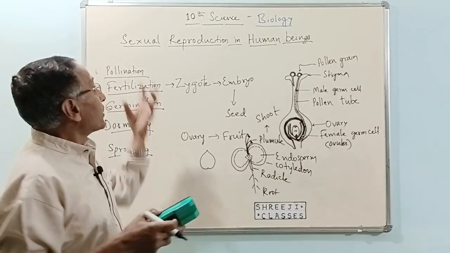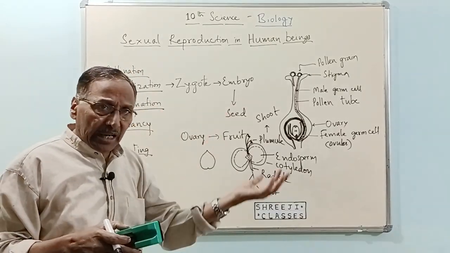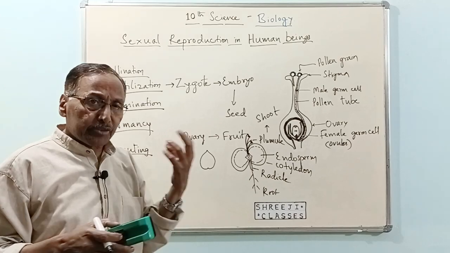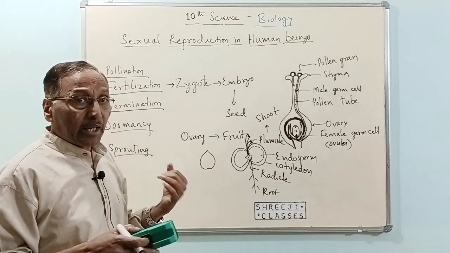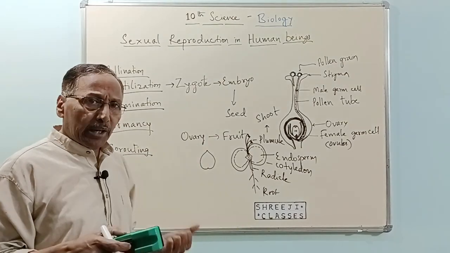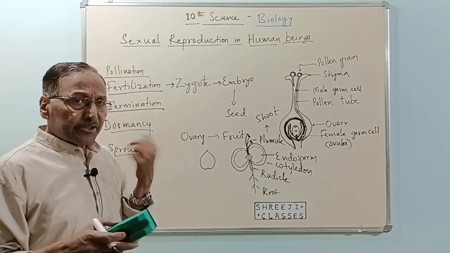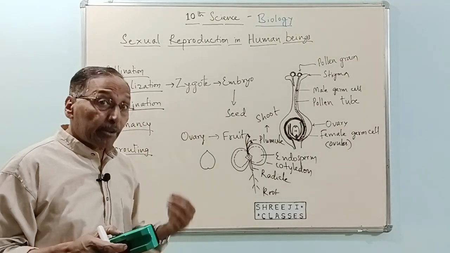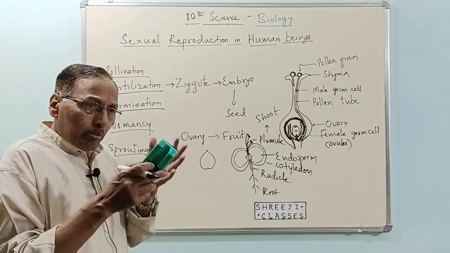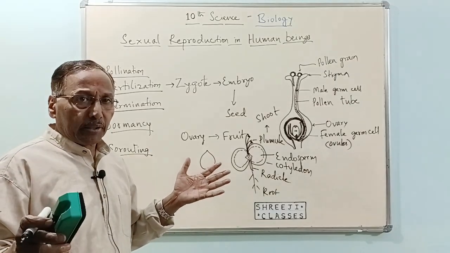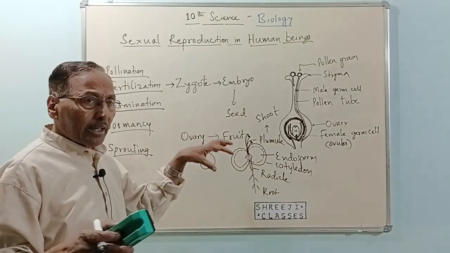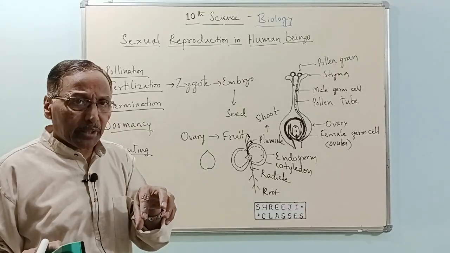How does sexual reproduction take place in animals? What are unisexual animals and what are bisexual animals? Some lower animals have both the sexes, right? Male and female sex organs are in the same organism, and most of them are unisexual, having only the male reproductive part or the female reproductive part, right?